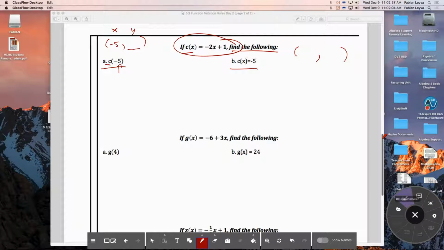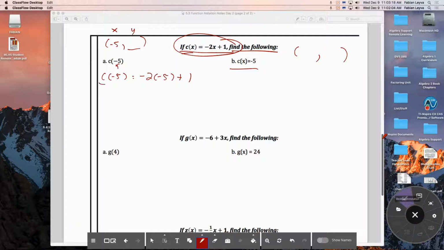We've done this over and over again. So let me show you what that looks like again, so you can see it right next to what the difference is here. You remember that you're inputting a negative 5. So here's my equation. I always like to write it, and everywhere there is an x, I leave open parentheses. Then I go back and plug in my input, a negative 5, into those parentheses.